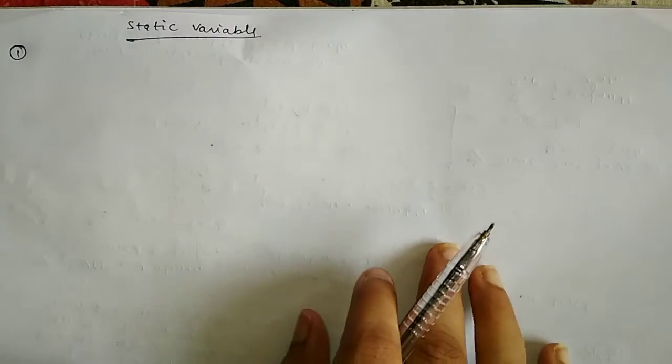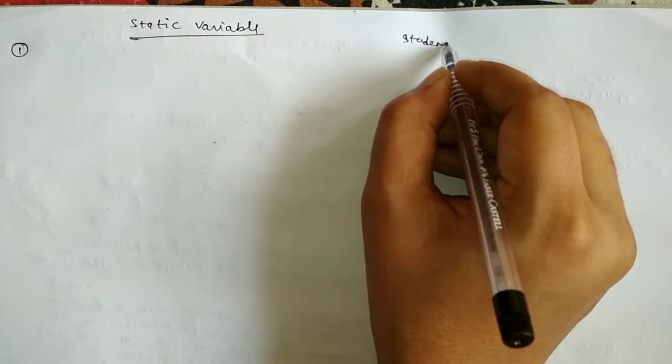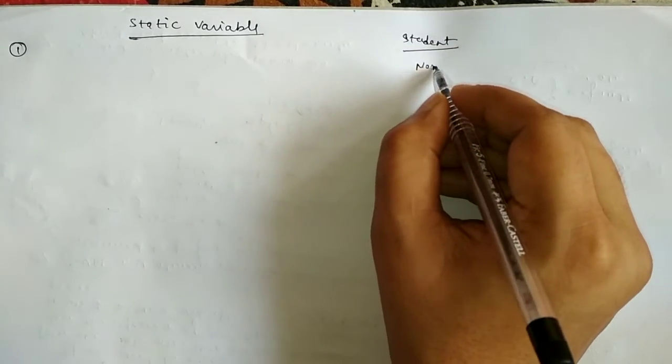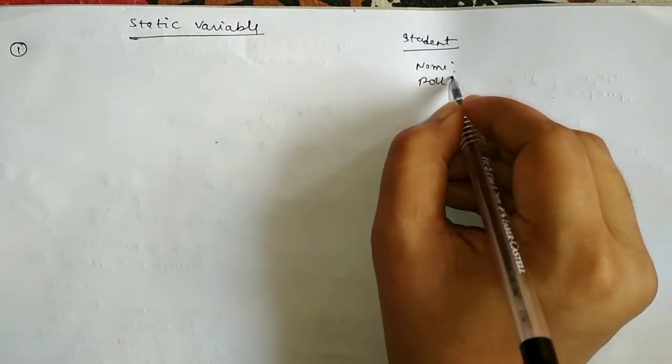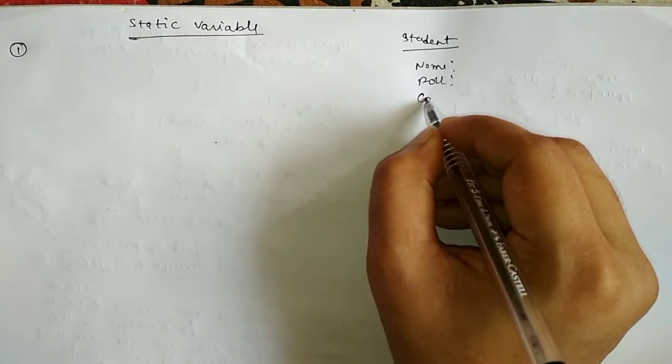So here we can take the example again. We have created a student object, and here we have created name, roll, and college name. These are the attributes of that object.